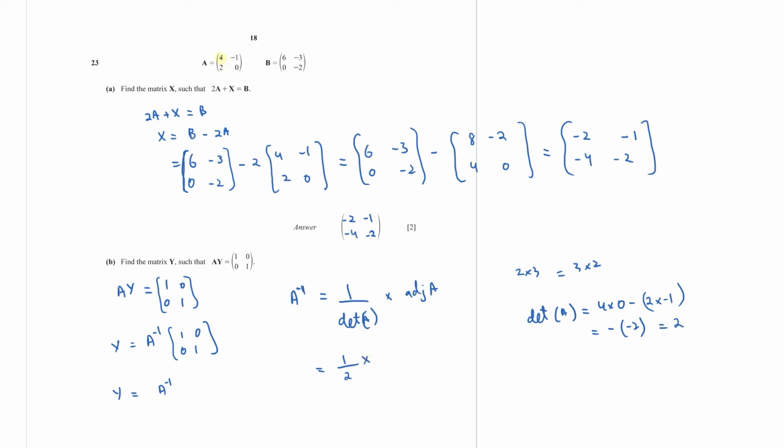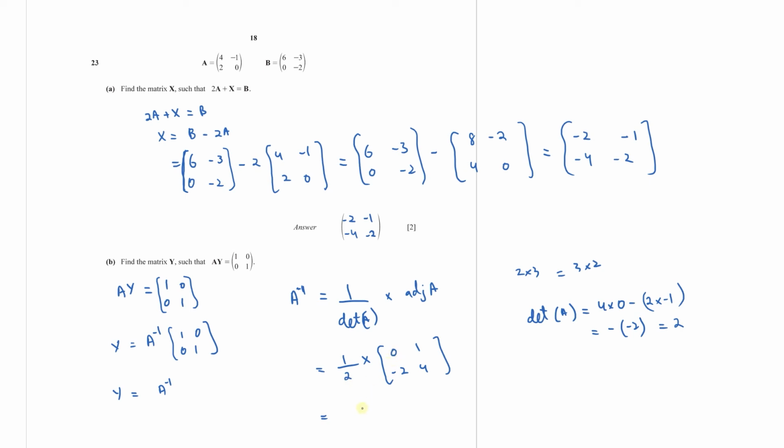The adjugate of A is you swap these two values here. 4 and 0 will be swapped, and you change the signs of the other two. So minus 1 will become 1 and 2 will become minus 2. So if you swap 4 and 0, this becomes 0 and 4, and then you change the signs of the other two. So this becomes 1 and minus 2. If you want, you can bring this 1 by 2 inside.